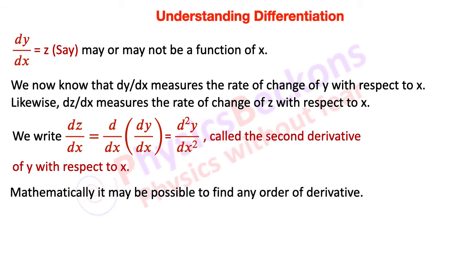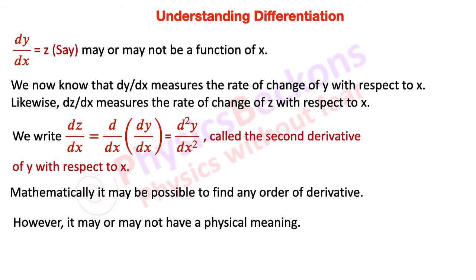Mathematically, we can further differentiate the result obtained in order to get the third derivative or fourth derivative or fifth derivative. It may not have any physical meaning. This will be clear from the example below.